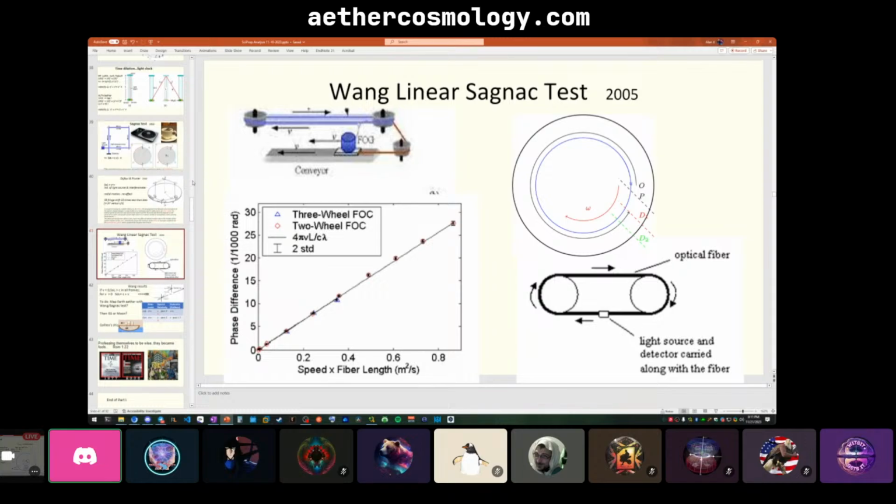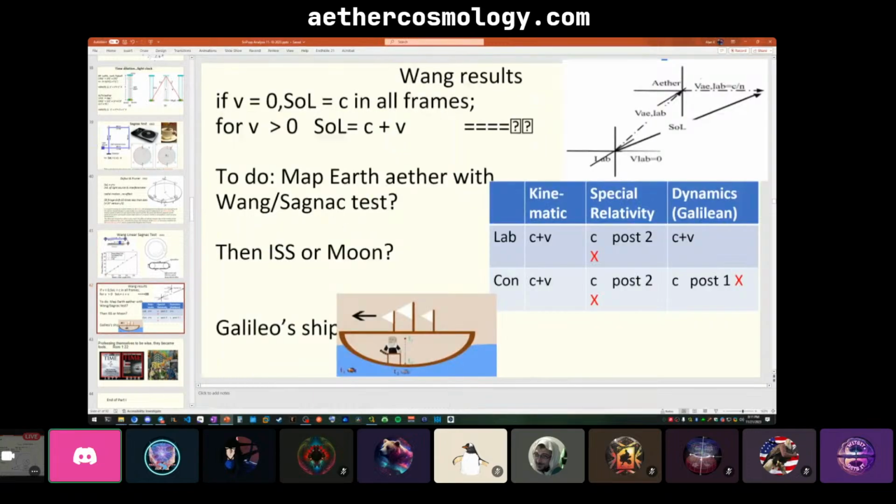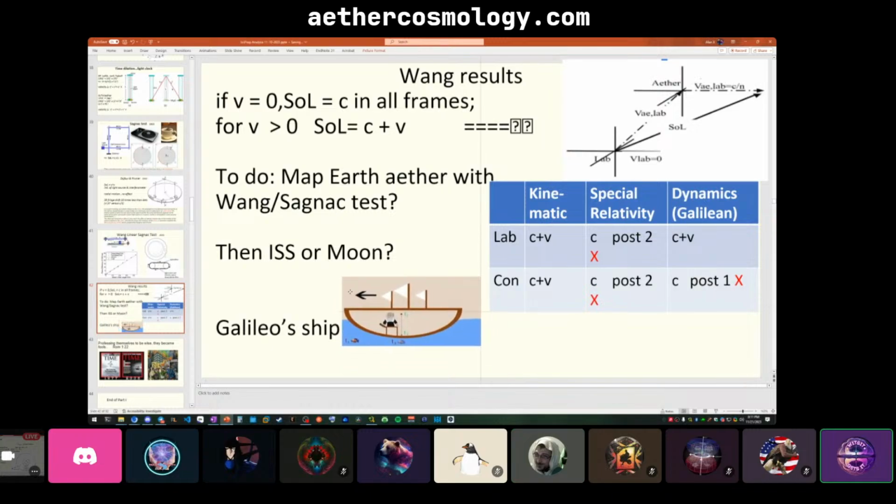But if you're in the Earth frame, the laboratory frame, and the ether is moving past you at v, you measure c plus v, which is exactly what they measured in the experiments that I cited. That fits perfectly within my interpretation of light, which is that light actually is the ether.